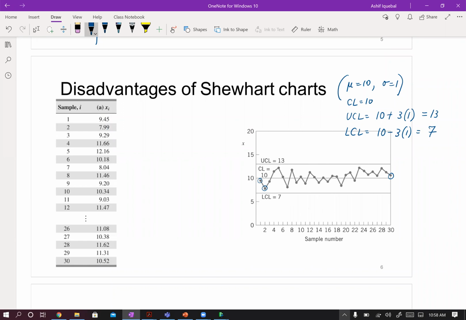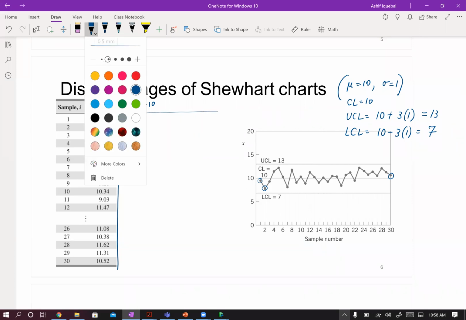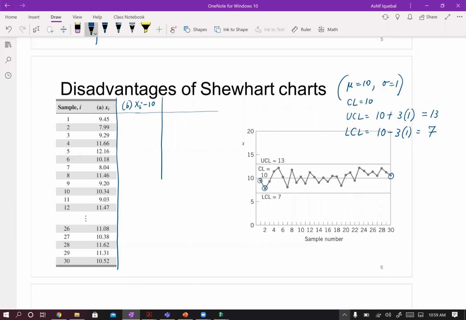All right, now let's do a quick modification here. We'll do a quick trick. Let's draw another column and call this column B. In the first step, we will subtract the mean value from each of these observations. This is straightforward. I know mu is equal to 10, so the first value will be 9.45 minus 10, which is minus 0.55.